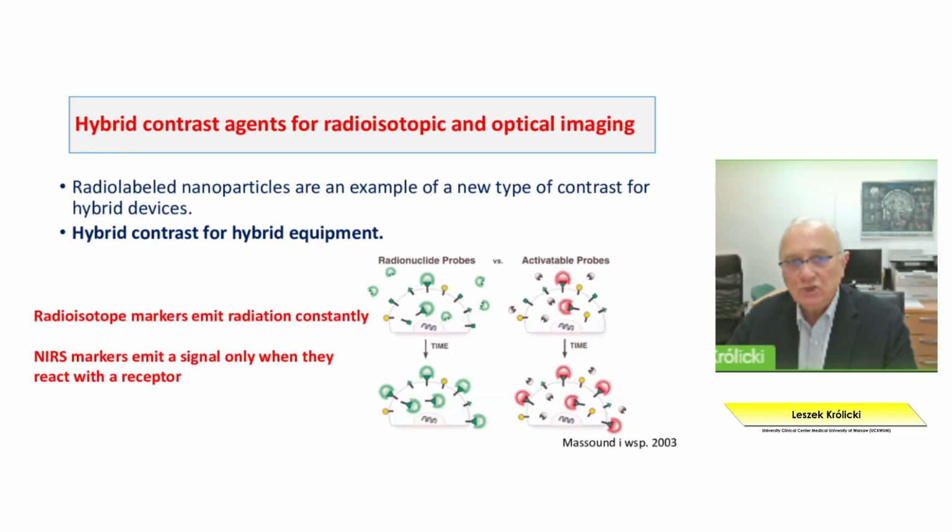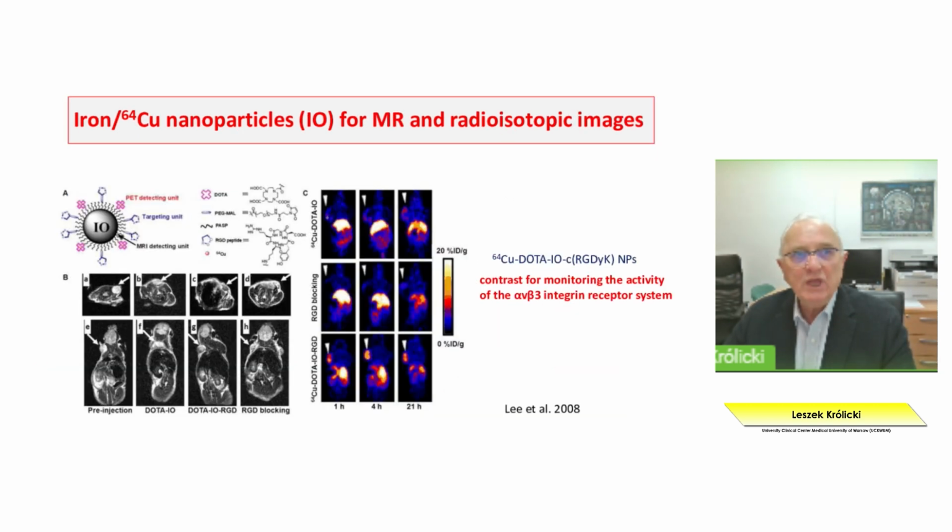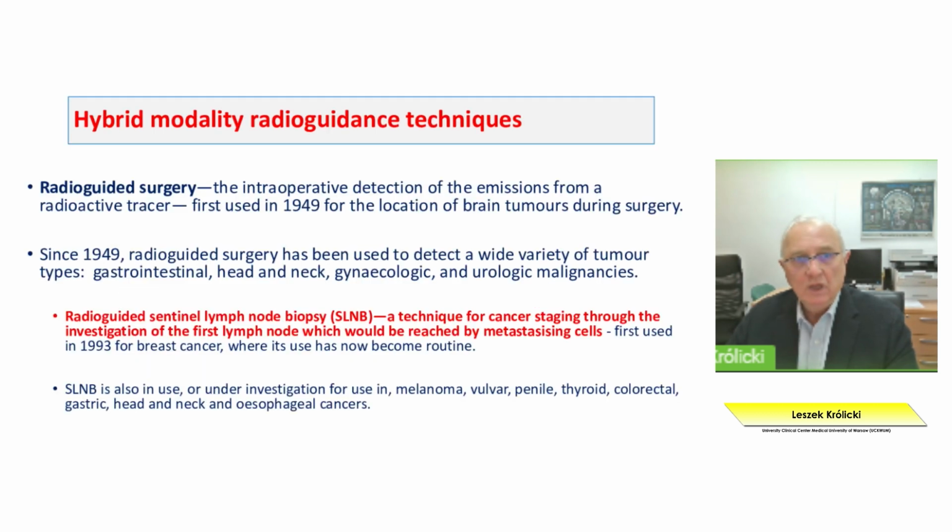So we can see this can also apply to radioisotopic labeling and optical labeling. The difference between the two is that radioisotope stays for quite a while, while optical imaging just presents the moment of joining the ligand with the receptor. Another example of the use of hybrid contrast agent.